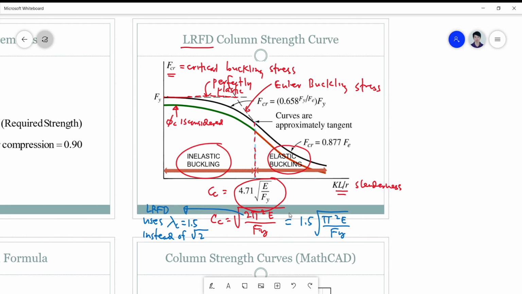So you just take note of these values, because I want to demonstrate more in this lecture the solutions to problems rather than the conceptual derivation of the equation.